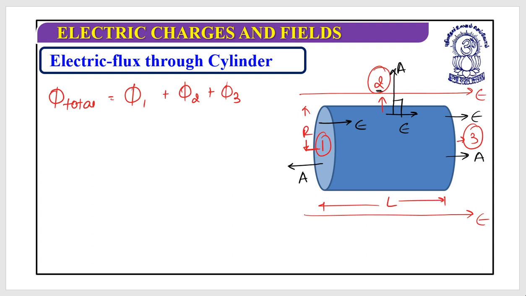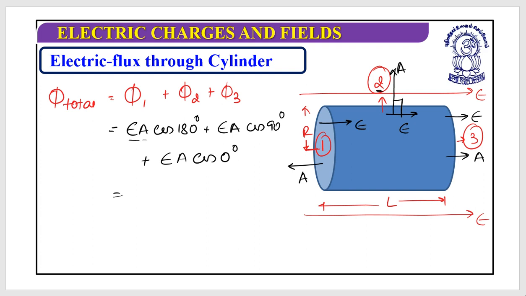Very good. Now in the first case flux is equal to EA cos 180 degrees, plus in the second surface EA cos 90 degrees, plus the third surface EA cos 0 degrees. Here it is EA cos 180.